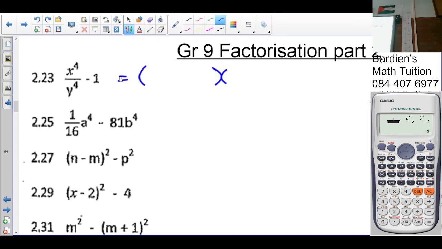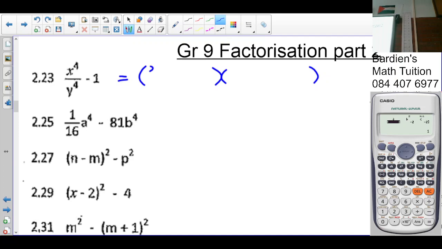Again, what is the square root of x^4 over y^4? x squared over y squared. What's the square root of 1? 1. Is there a minus between it? So the difference of two squares is applicable.